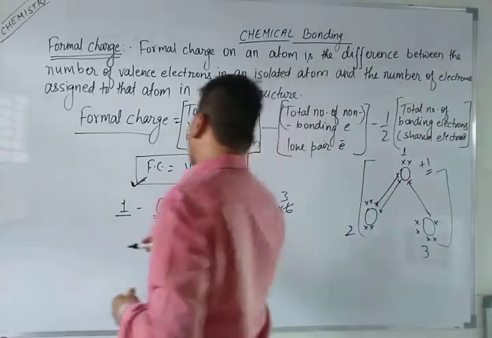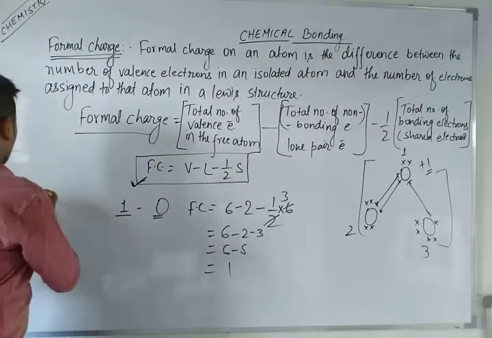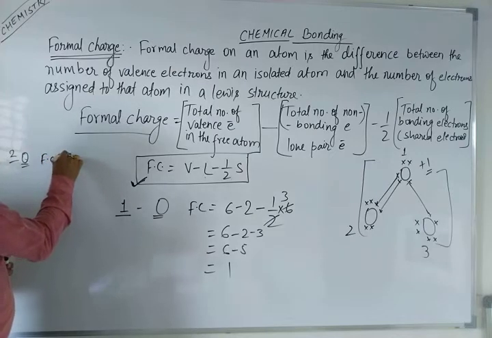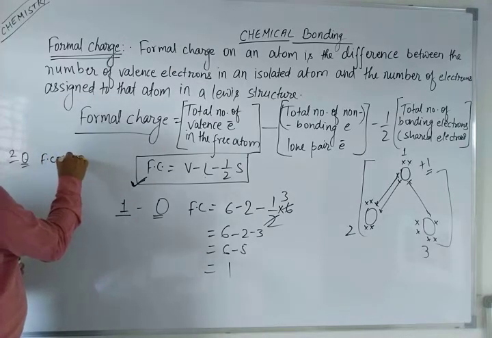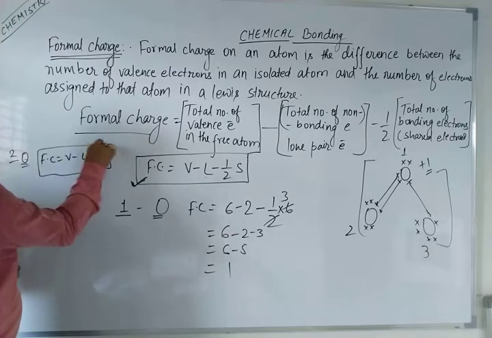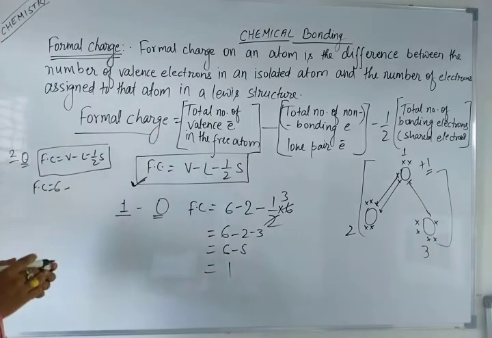Now similarly, calculate oxygen number 2, the second oxygen. Formal charge is equal to valence electrons minus lone pair electrons minus half into shared pair electrons. This is the formula. So valence electrons 6 minus lone pair electrons.